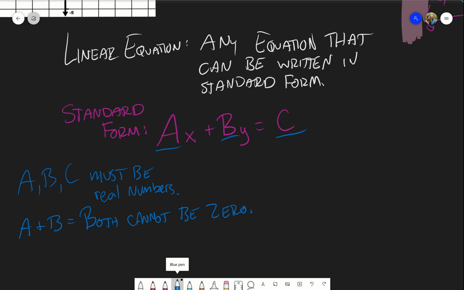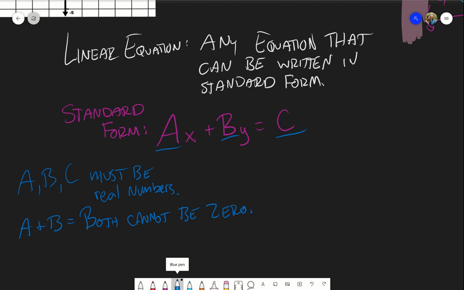Okay, so standard form has some rules to it. It's ax plus by equals c. All of my a, b, and c's are the variables. Those are changing every time. I don't care what they are. They can be whatever they want, but they must be real numbers, and both a and b cannot be 0.